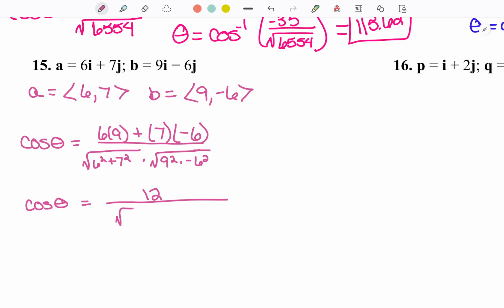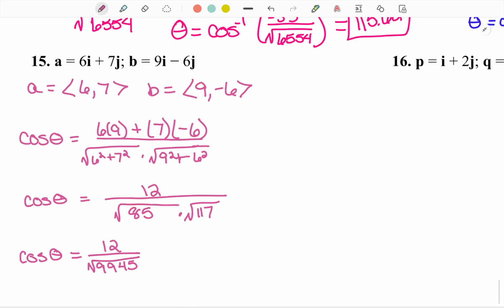And then we have the square root of, let's see, 85 for the magnitude of a, and then the square root of 117 for b. So cosine theta is going to be 12 over the square root of 9,945.